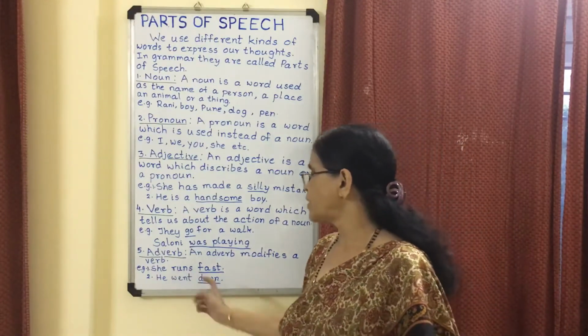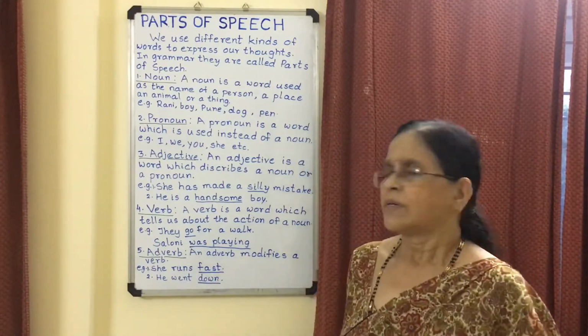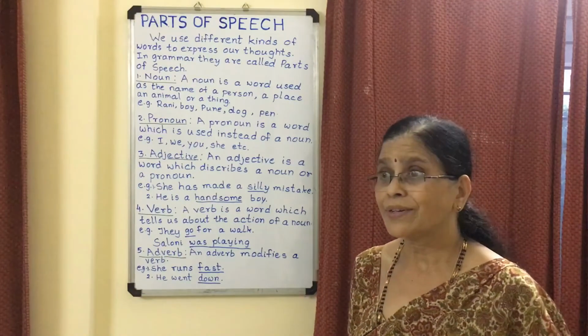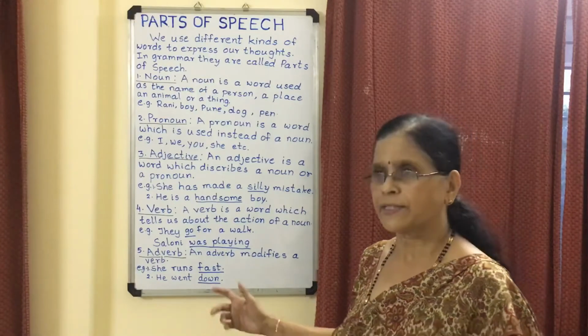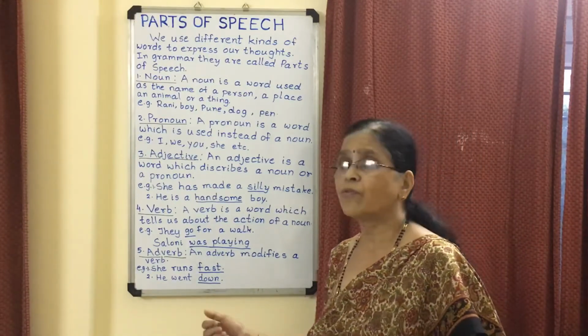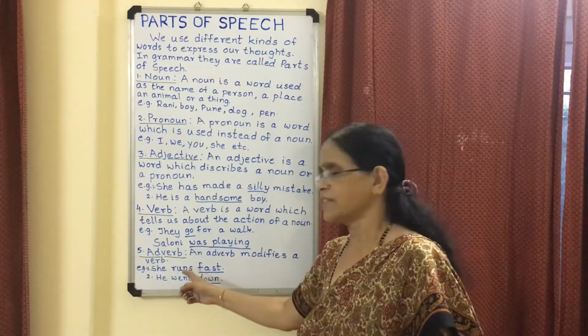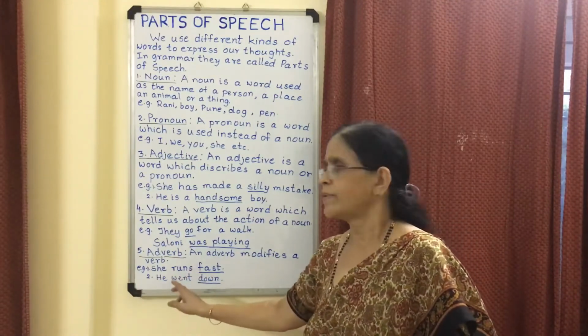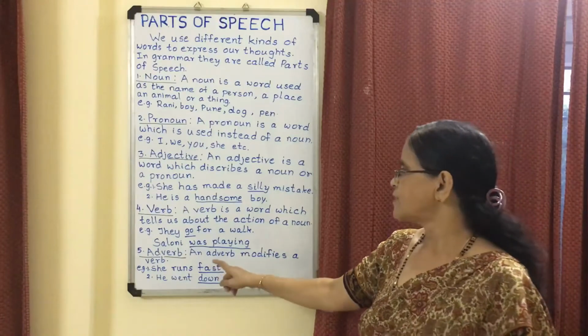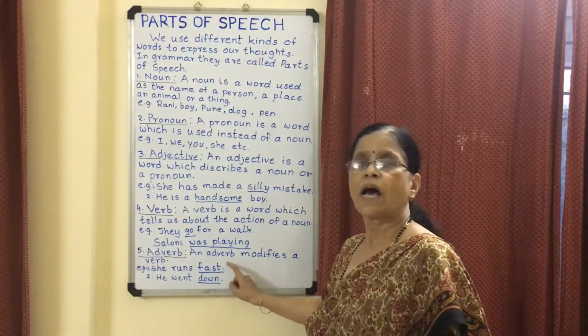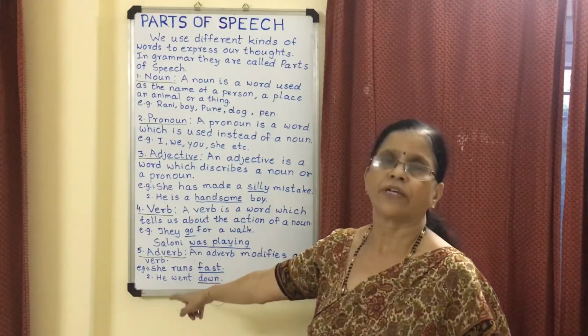Okay, here, she runs fast. Here, what is the verb? Action word. I'm talking about the action word. What is the verb in this sentence? Yes, correct. Runs. Runs is a verb here. Now this word fast tells how she runs.